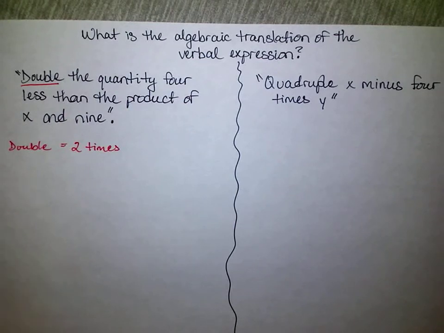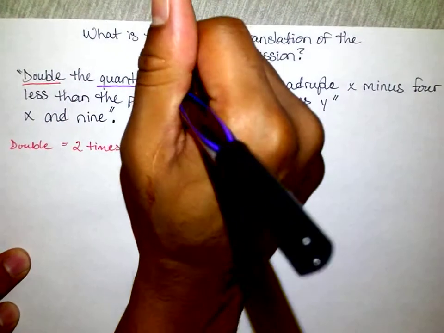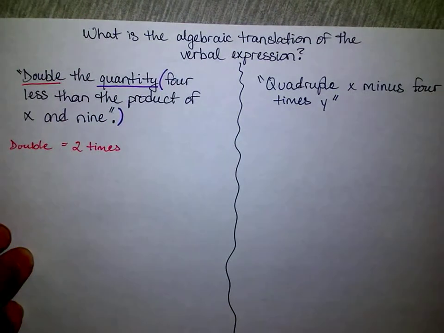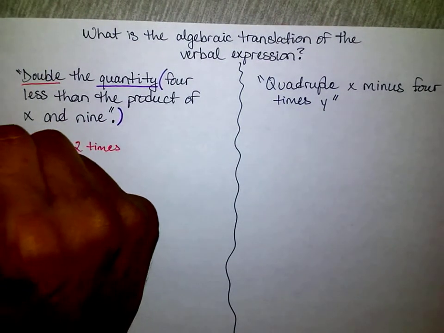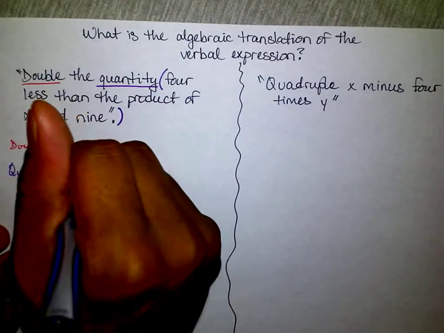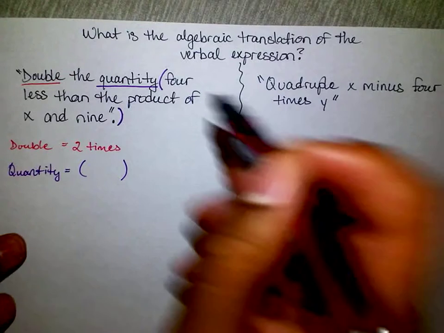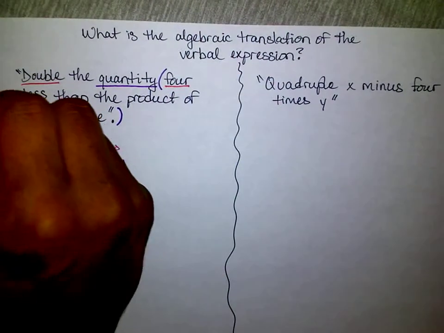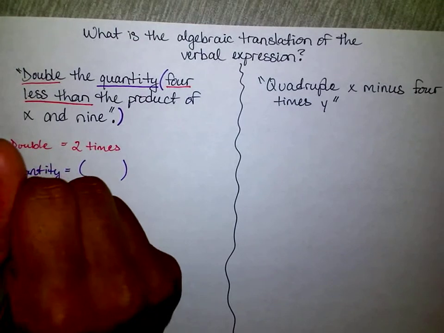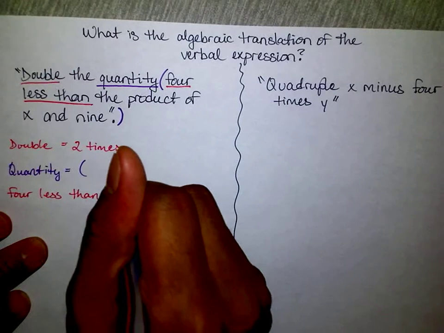Now we have the quantity which represents parentheses. Okay? So quantity represents some group. We need to figure out what's going inside this group. 4 less than is -4.